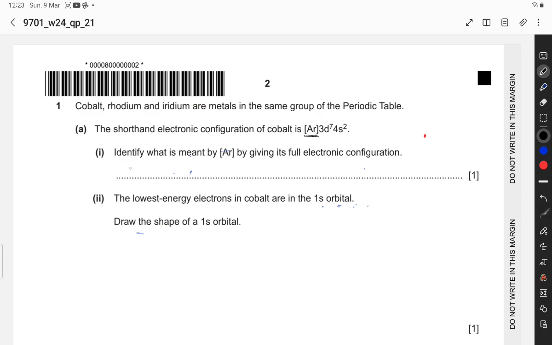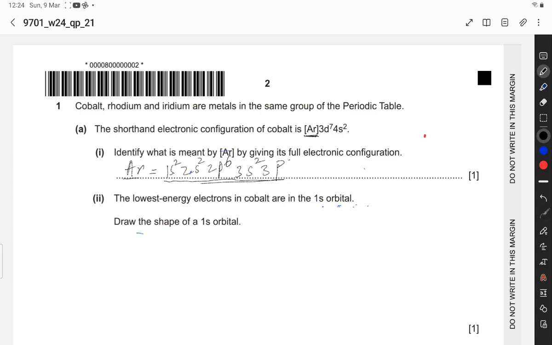So this is the short form electronic configuration, and Ar is equal to the electronic configuration of argon, like 1s2, 2s2, 2p6, 3s2, 3p6. So if we write down Ar, it means this electronic configuration is there instead of Ar.